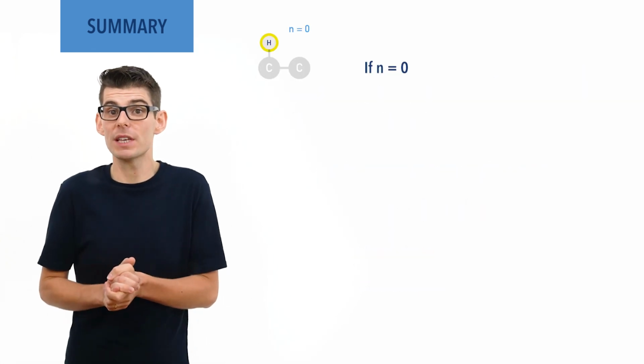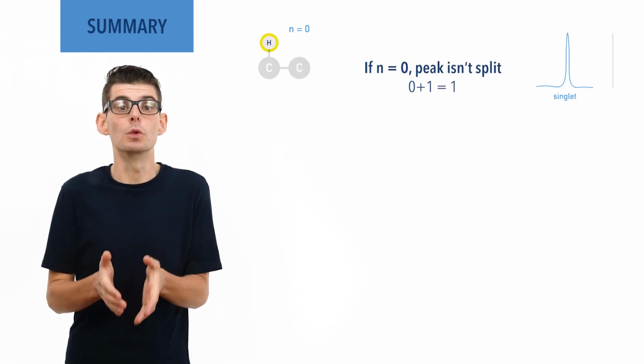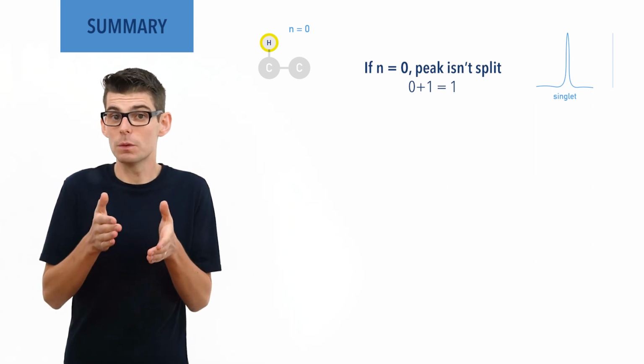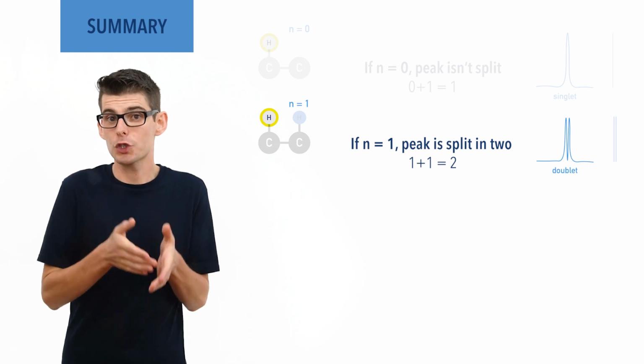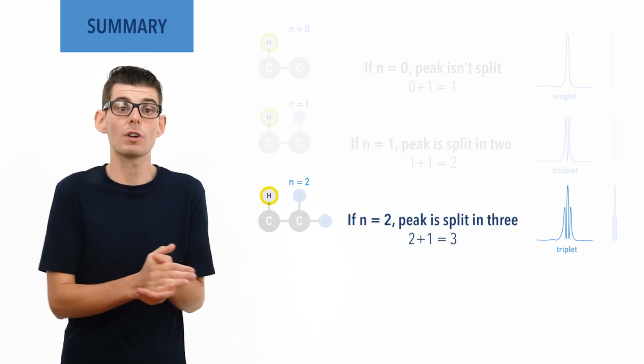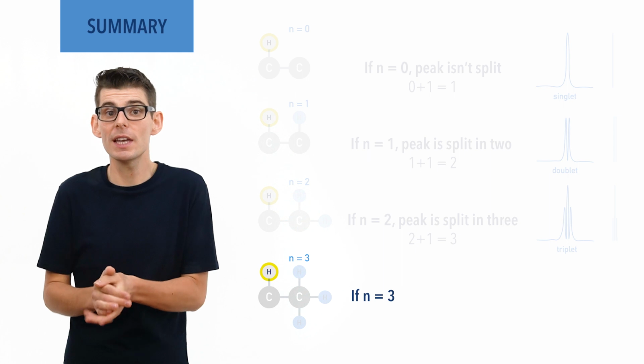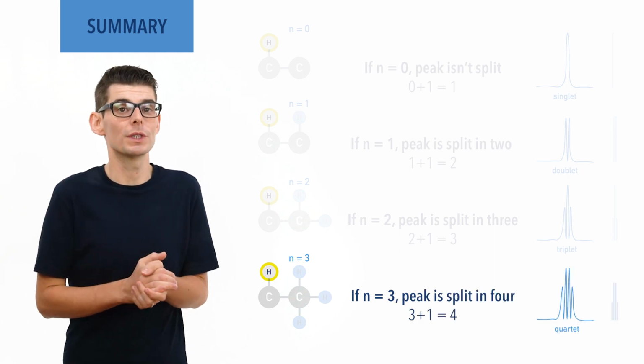If n equals 0, then there is only 1 peak, called a singlet. If n equals 1, then there are 2 peaks, called a doublet. If n equals 2, then there are 3 peaks, called a triplet. And if n equals 3, then there are 4 peaks, called a quartet.